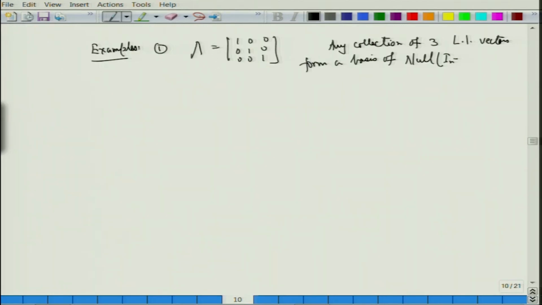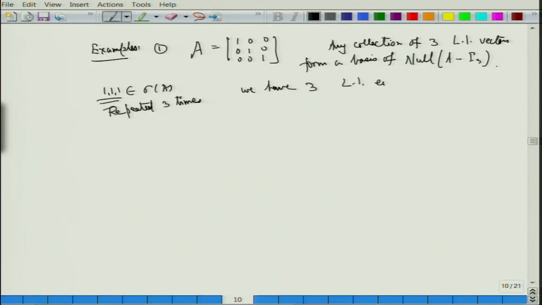So let me write A minus I sub 3, all right, is the basis of this, fine. So what you see here is that 1 belongs to sigma of A, that is 1 is the only eigenvalue, it is repeated 3 times, and we have 3 linearly independent eigenvectors.